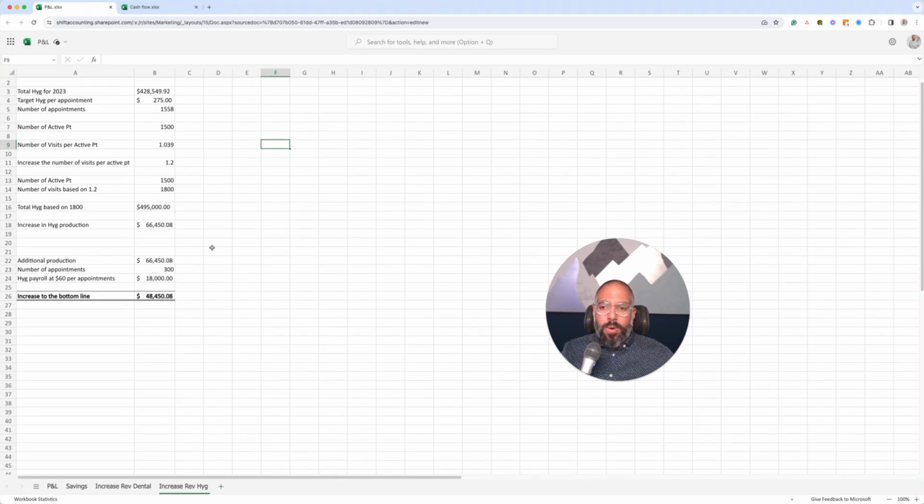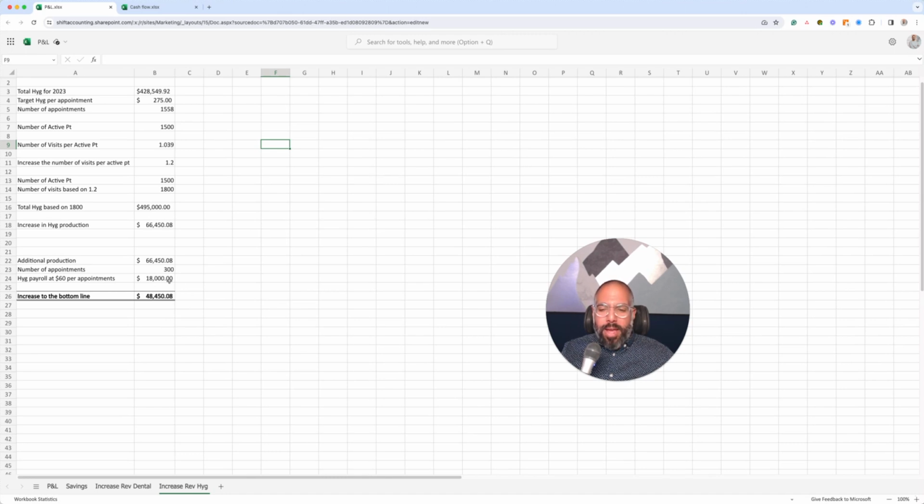Now again, I'm going to do the same thing. I want to know how that comes to my bottom line. We said additional production in hygiene is 66,450. Number of appointments, that's about 300 appointments that we needed. And again, I'm assuming these are 300 additional hours. Each appointment is 1 hour, and I'm going to pay my hygienist about $60 per appointment, which is kind of per hour.